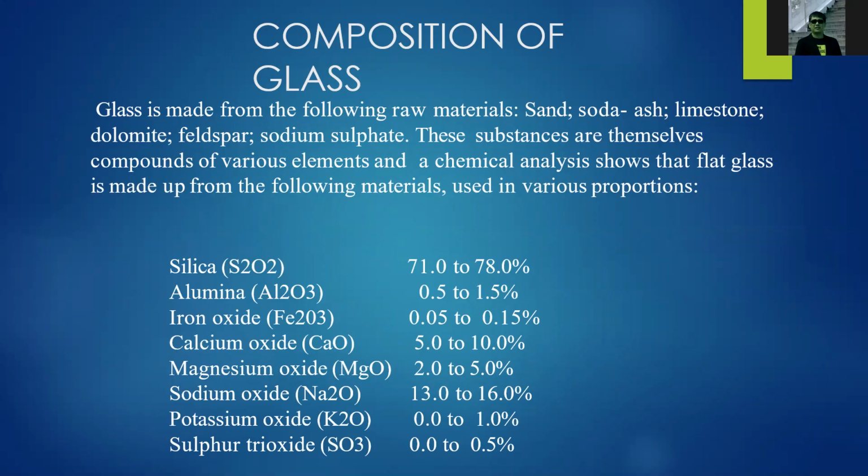The composition of glass: glass is made from raw materials like sand, soda ash, limestone, dolomite, feldspar, and sodium sulfate. These substances are themselves compounds of various elements. A chemical analysis shows that flat glass is made up of the following materials in various proportions: silica, 71 to 78%; alumina; iron oxide; calcium oxide, about 5 to 10%; magnesium oxide; sodium oxide, about 13 to 16%; and potassium oxide and sulfur dioxide.